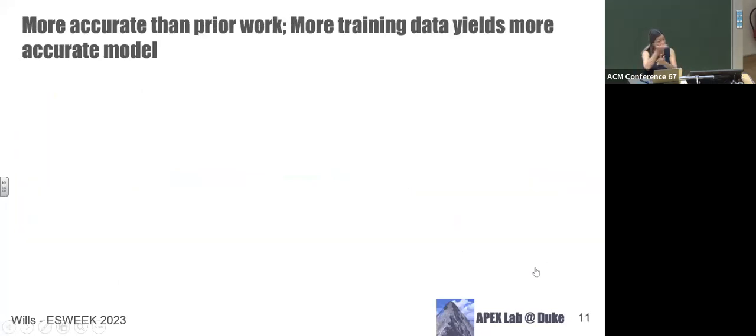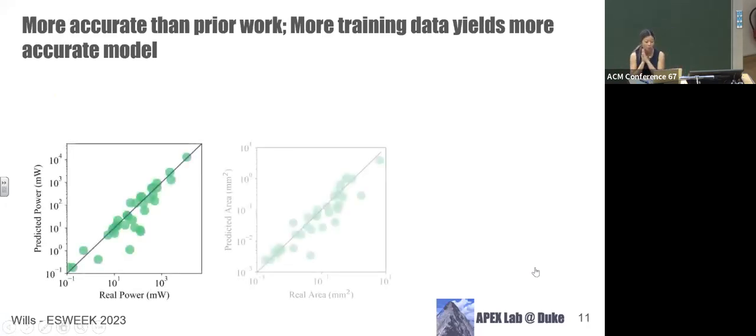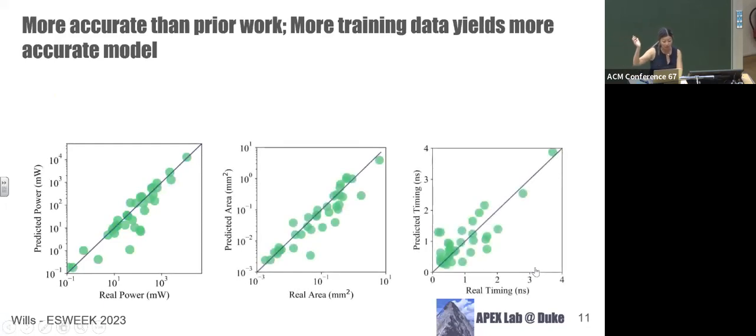Now that we have the predictor, let's evaluate if this predictor is any good. I'm showing the prediction results here. We perform an experiment where we train and evaluate our predictor using a training set size of 50% and the other 50% as the testing set.